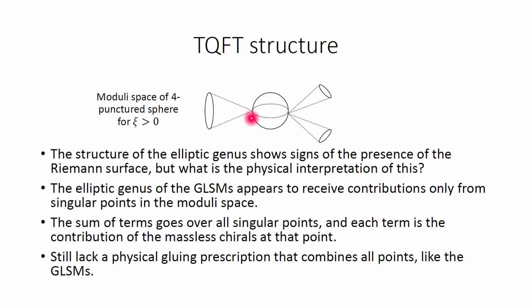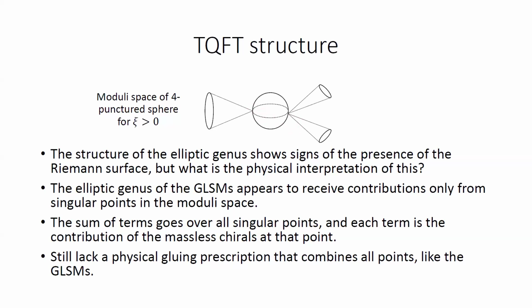And there are two special points, one where you have a one-dimensional cone emanating from it, another where you have two one-dimensional cones emanating from it. It turns out the elliptic genus will get a contribution precisely from these two special points. Locally, if you zoom in around this point, the theory describes a collection of free chiral fields, and the elliptic genus is just the contribution of these free chiral fields.